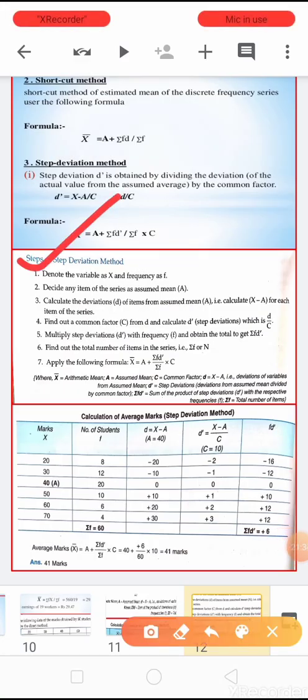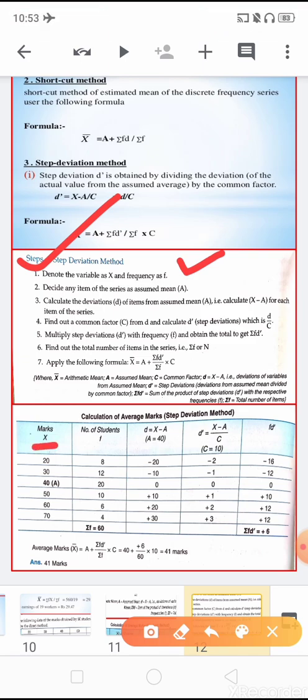These are the steps of calculating the arithmetic mean by the step deviation method. The first is we need to denote the variable as x and the frequencies as f, as we did in the previous method. The variables we represent with x, and the frequencies, the total number of students, by f.